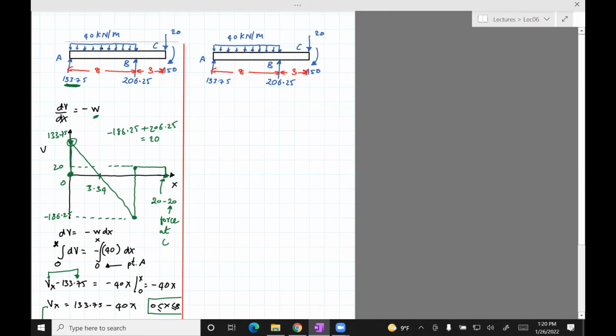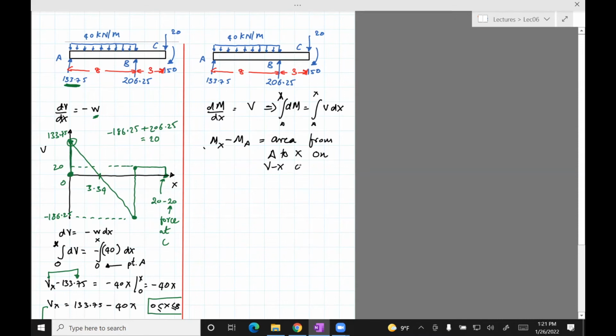Okay, so now that we've figured out the shear force diagram, let's look at the bending moment diagram, for which we'll use this equation: dM/dx equals V. The thing about this equation is that when you integrate it, you have M from A to some point x: M(x) minus M(A) is the area from A to x on the V(x) curve.